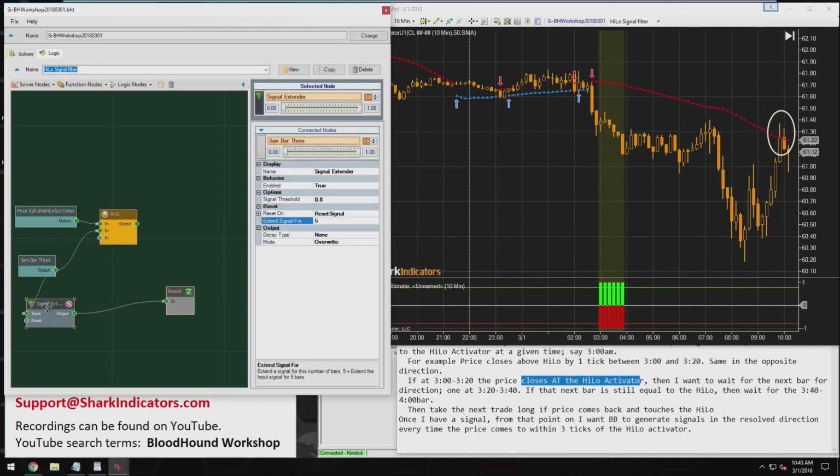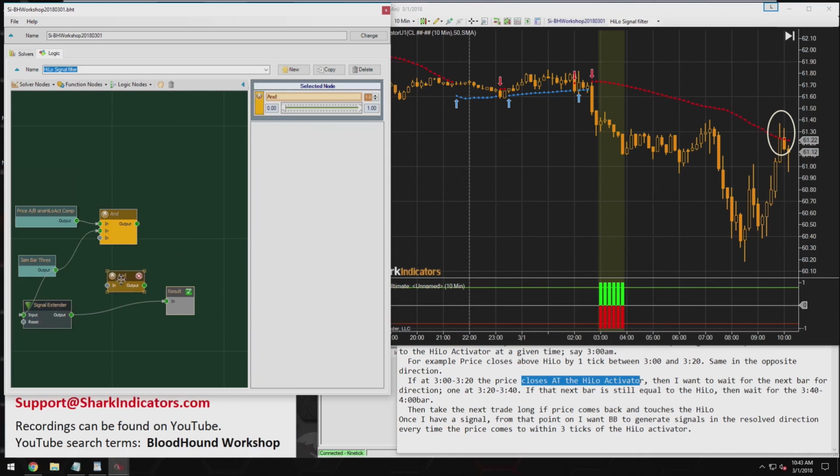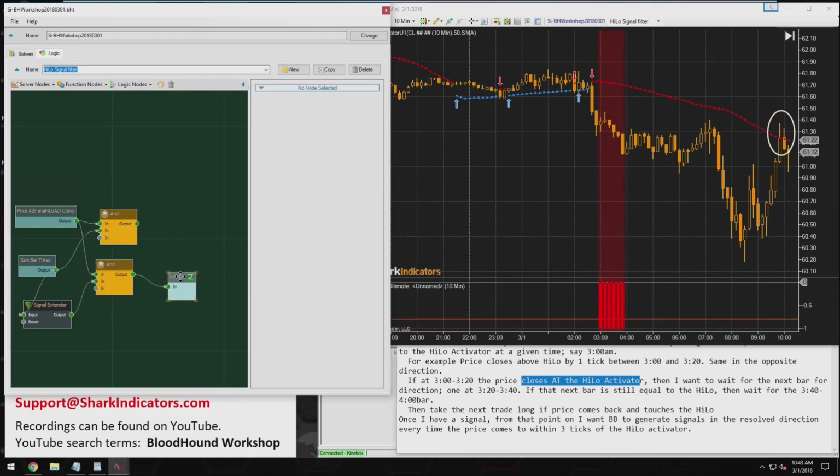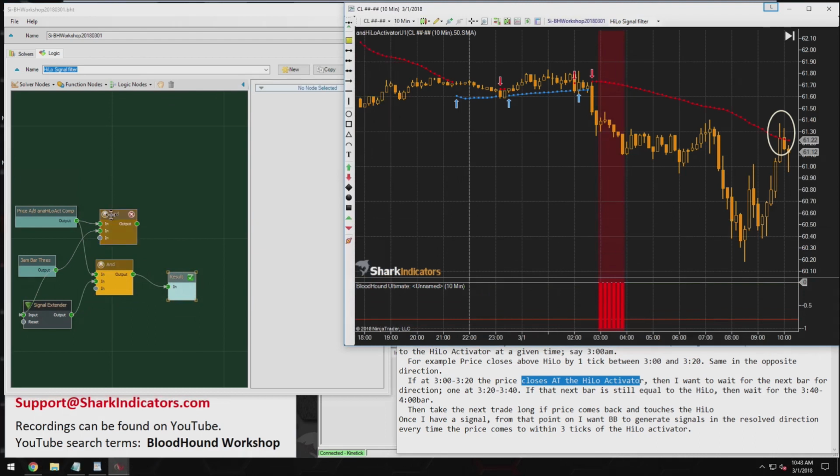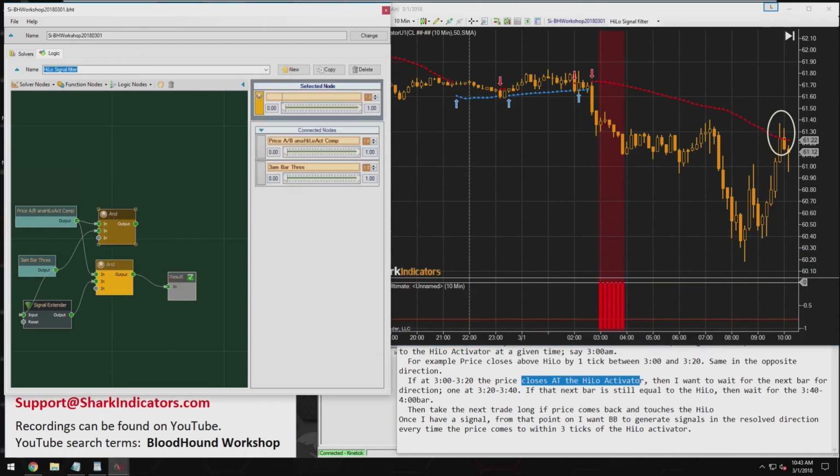And what I can do is make another AND node here. Let's call this AND node the 3 a.m. high-low trend, something like that.